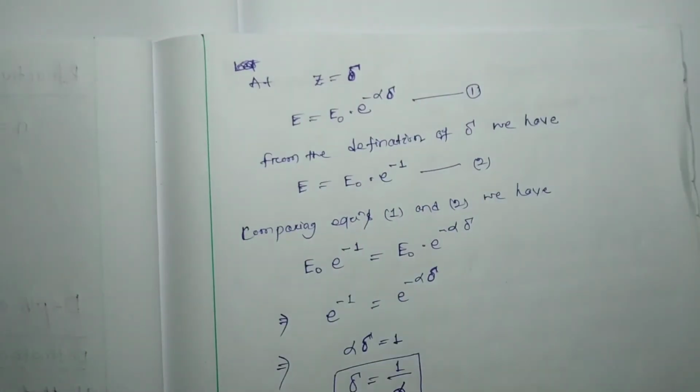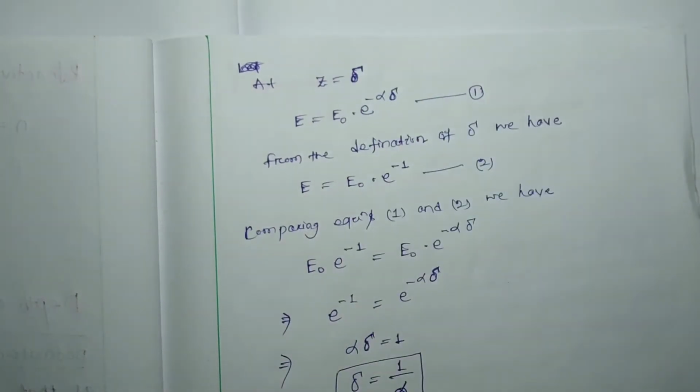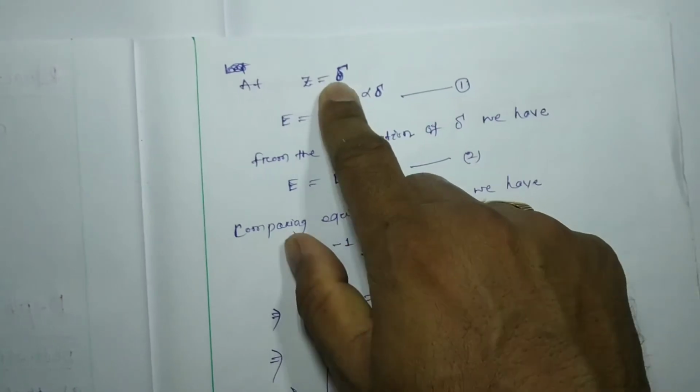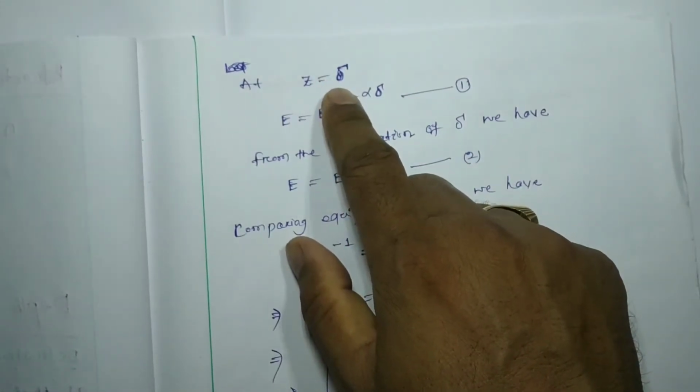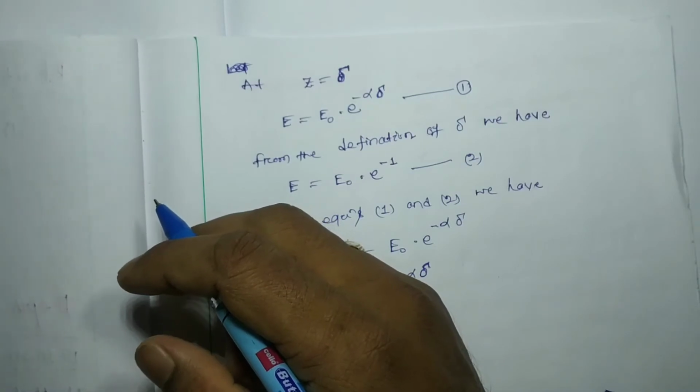Now let z equal to delta. That means delta is the distance at which the amplitude is reduced to 1 by e times.